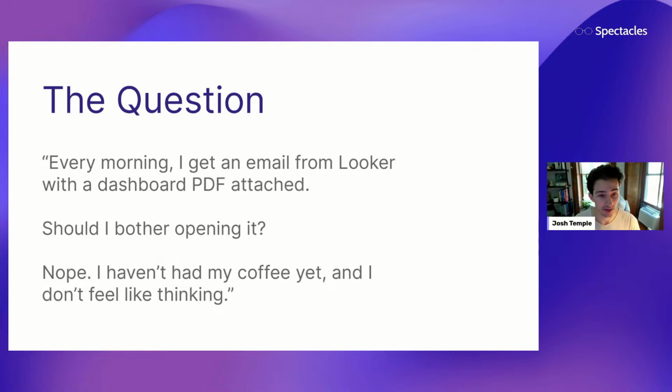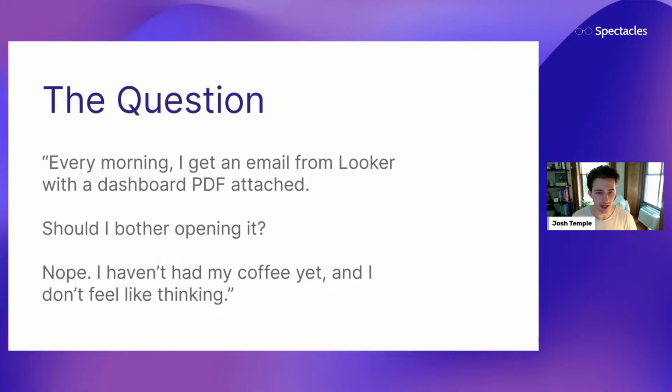If you're like me, you're getting these sometimes once a day, sometimes multiple in a single day. And the question is, is it worth my time to open up this dashboard and look at it? And probably if you're consistently saying no to that question, then your best bet is to just stop sending it to you, as was astutely pointed out on LinkedIn when I posted about this initially. Like, if you don't have time to view the dashboard in the first place, what are you doing?